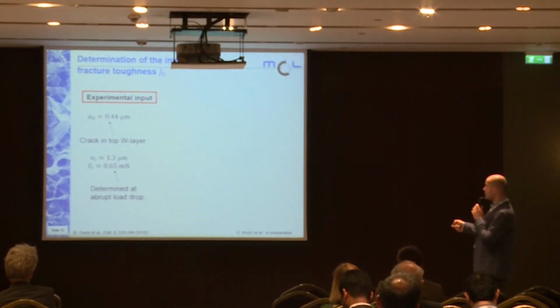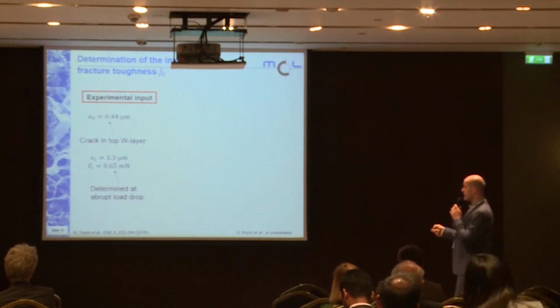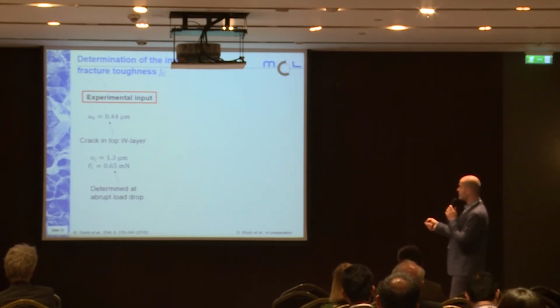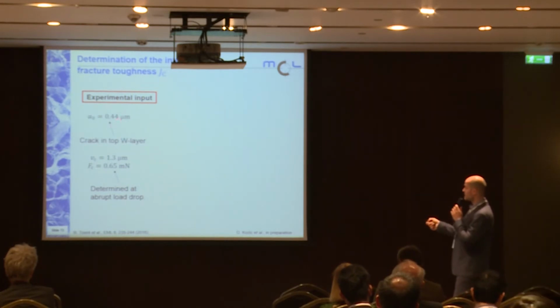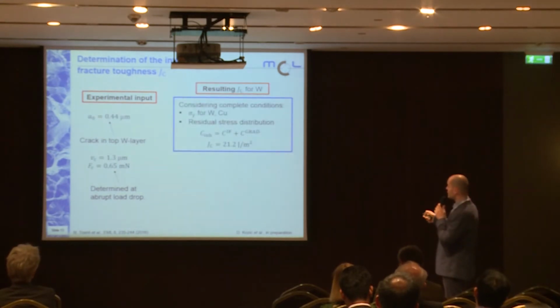By also having the initial crack length and the critical load from the experiment, we can calculate the critical J integral value for the tungsten layer, since the initial crack is inside the top tungsten layer.